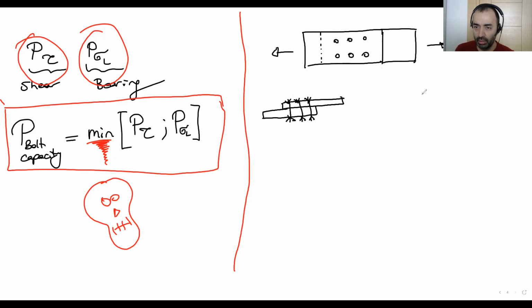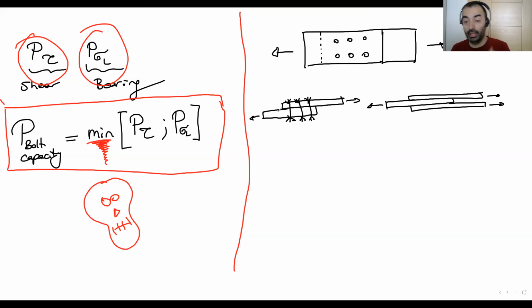It may be like this. At the end of the day, we talked about the bolted connection, but steel plates also must be checked under this loading.